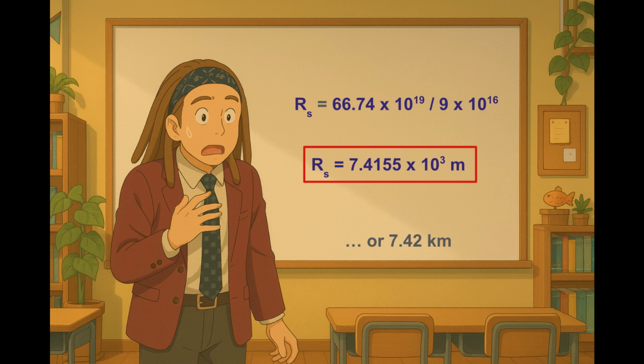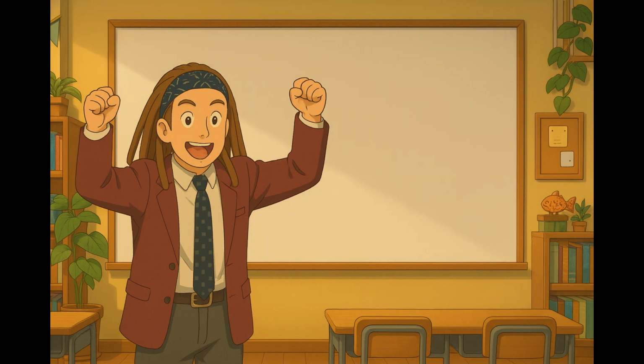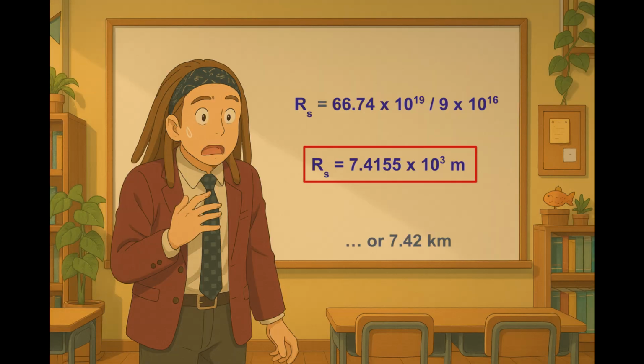For the denominator, 3.00 times 10 to the 8 squared gives us 9.00 times 10 to the 16. Now, divide the numerator by the denominator, 66.74 times 10 to the 19 over 9.00 times 10 to the 16. 66.74 divided by 9 is approximately 7.4155, and 10 to the 19 over 10 to the 16 is 10 to the 19 minus 16, or 10 to the third.